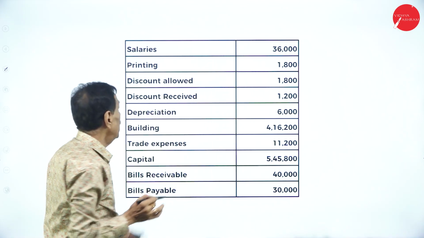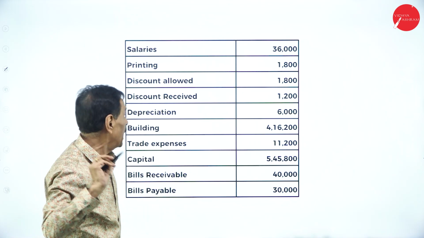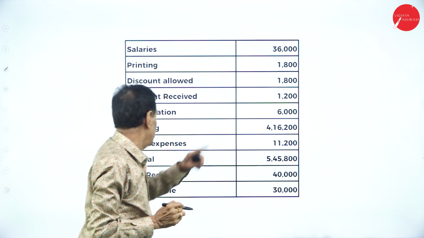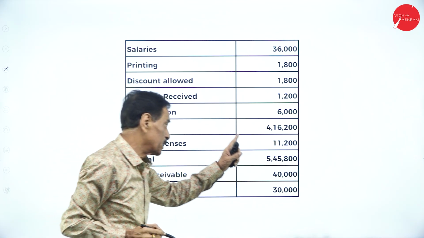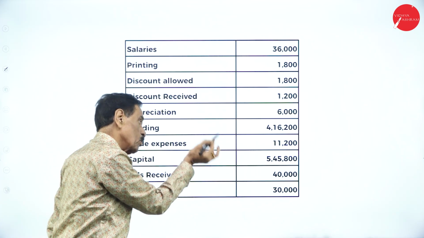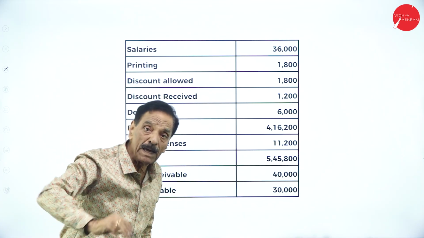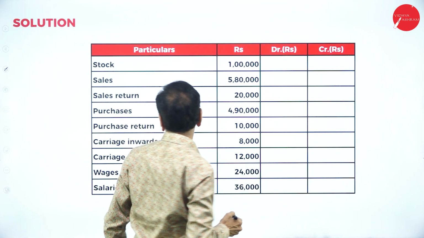Printing, debit side. Discount allowed, debit side. Discount received, credit side. Depreciation, debit side. Building, asset, debit side. Trade expense, debit side. Capital, credit side. Bills receivable, debit side. Bills payable, credit side, because it is a liability. Now, you go one by one.